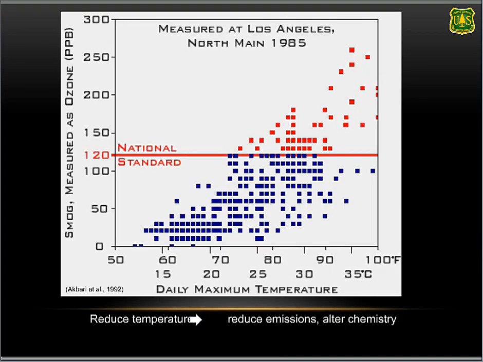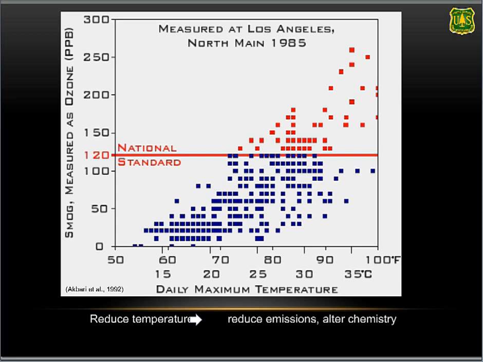Temperatures are important for pollution because many pollutant emissions are temperature dependent. This graph illustrates the temperature dependence, particularly with ozone: as temperature gets warmer, in this case in Los Angeles, we tend to have more and more ozone being formed.